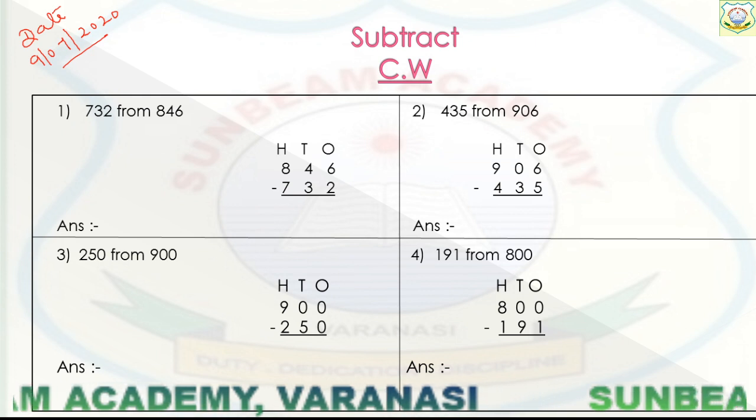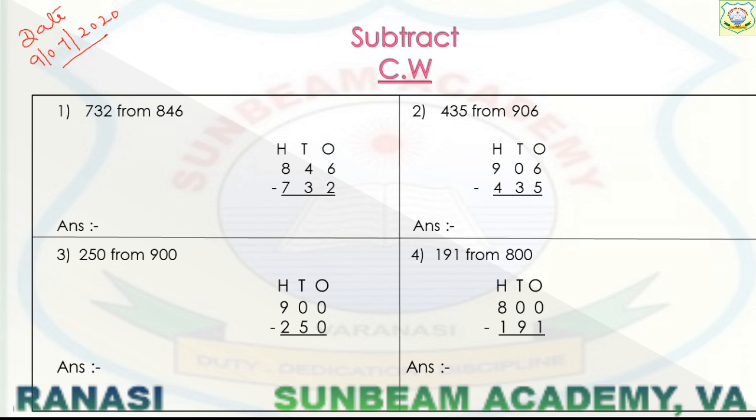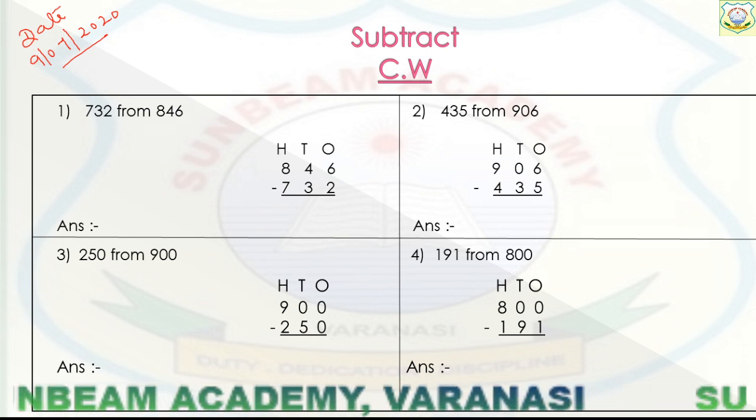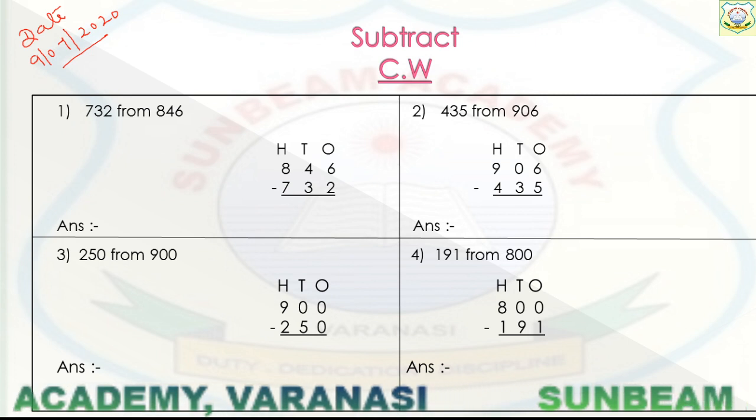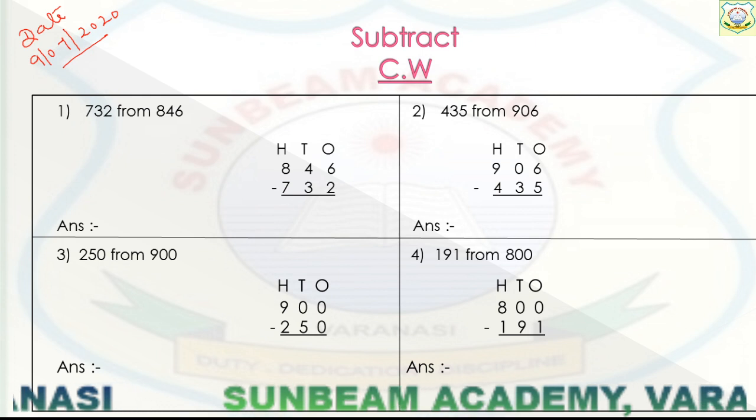Note down this question. First one, 732 from 846. And then second, then third, then fourth. Note down all the questions, and then we will be solving each and every one. Fast. Note down, students.